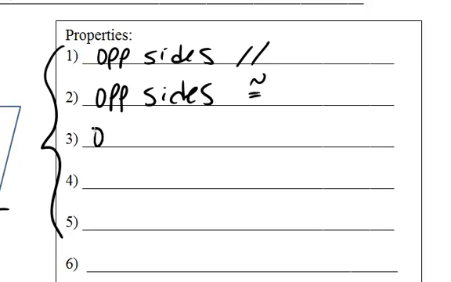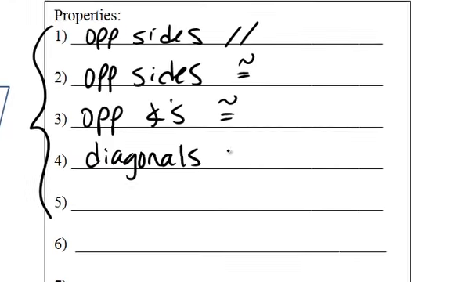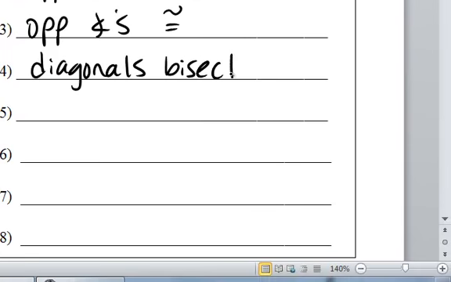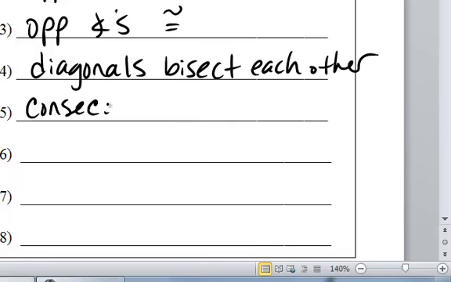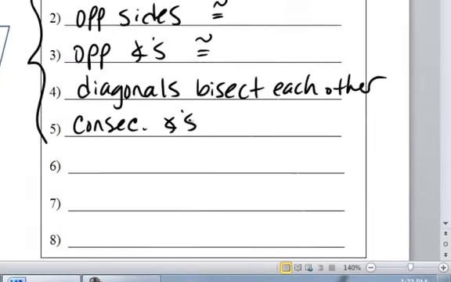We have opposite angles that are congruent as well. We have diagonals that bisect each other. So they cut each other in half. And the last one is the consecutive angles, those all add up to 180 degrees.